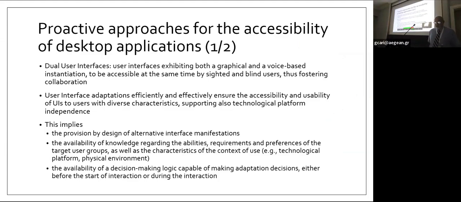Work towards this direction in the 90s first introduced the concept of dual user interfaces: user interfaces exhibiting both a graphical and a voice-based interaction, so as to be accessible at the same time to sighted and blind users. This was the work of a master thesis presented at CHI 1995 in Denver, Colorado.